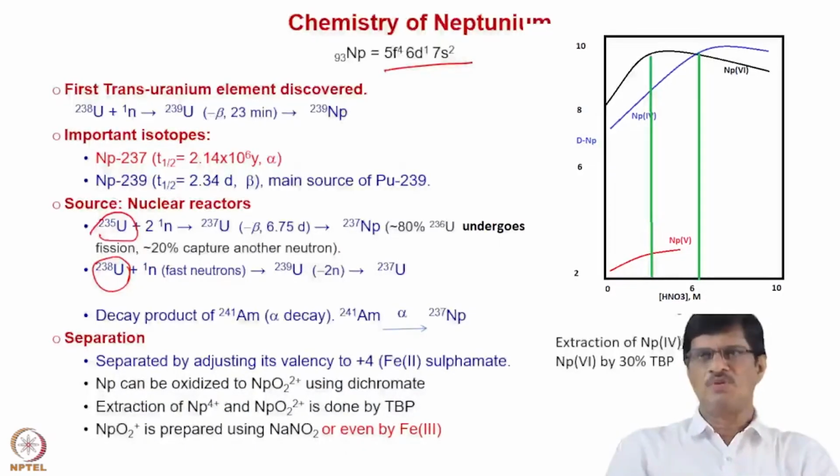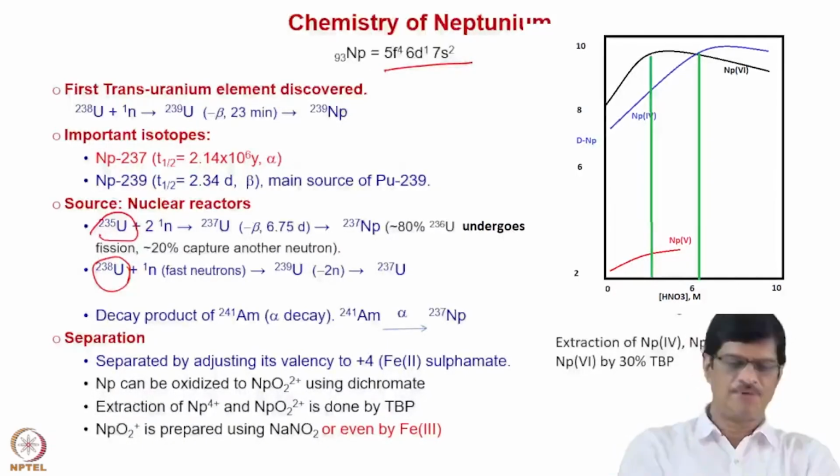So neptunium 4 and 6 can be selectively separated from nitric acid solution by 30% TBP by tuning the nitric acid concentration. On the contrary, if you see the neptunium 5 extraction, it's much less, because the neptunium 5 ionic potential is much lower, and it also has a charge little higher than +2. That is why the interaction with TBP is less.